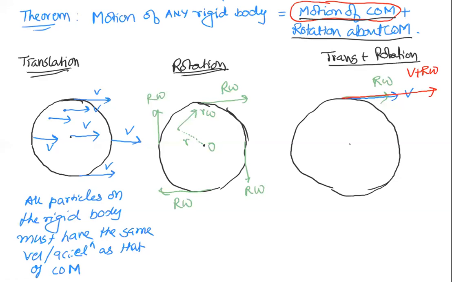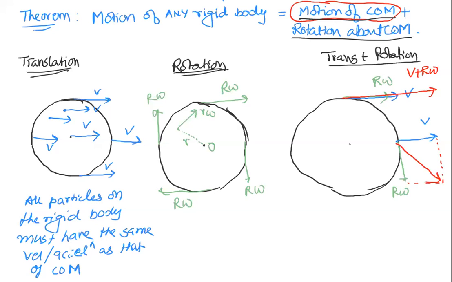The point which is the leading edge of the rotating and translating object will have a velocity v like this due to translation, and a velocity r omega like this due to rotation, and therefore its net velocity must be like this.